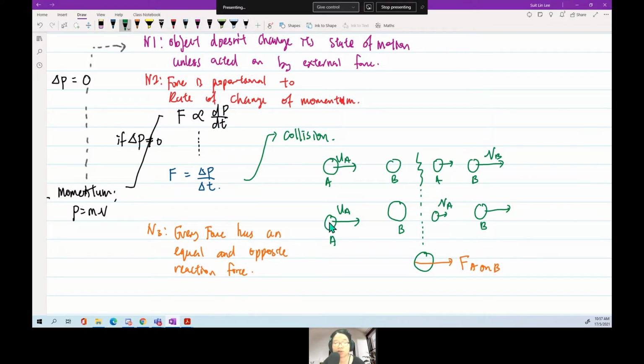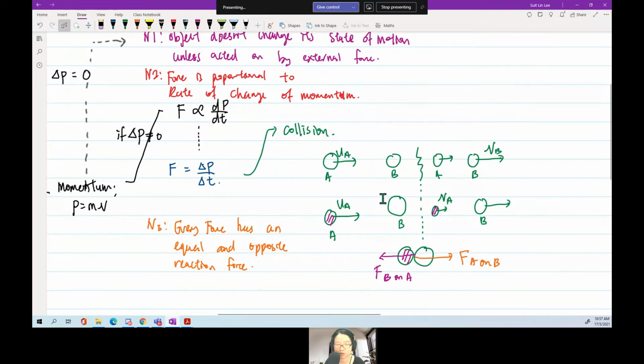So ball A would have continued moving at UA, but unfortunately, it collided with ball B. So when it collided with ball B, there's an equal in magnitude and opposite in direction force of ball B on ball A. That's why A will slow down, because you are moving to the right and then you experience a force to the left, so you slow down. Okay, so these are all examples of conservation of momentum. Every force has an equal and opposite reaction force.